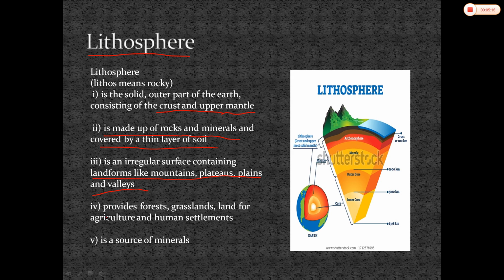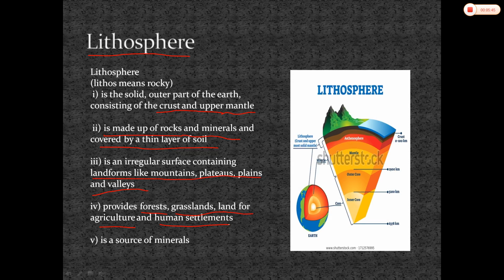The lithosphere provides us various things. It provides us forests, grasslands, and land for agriculture and human settlement. Whatever we require is provided by the land. Our houses are constructed on the land only. Whatever food we eat, we get from the agricultural land only.